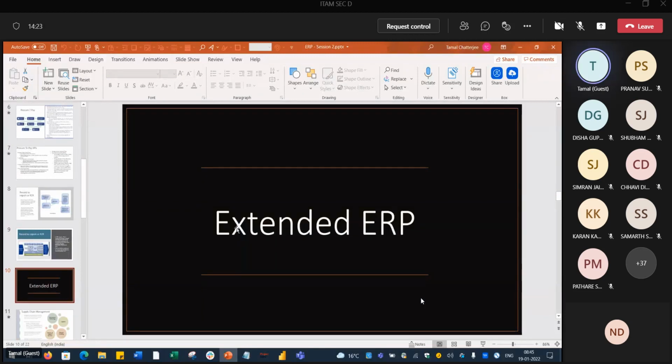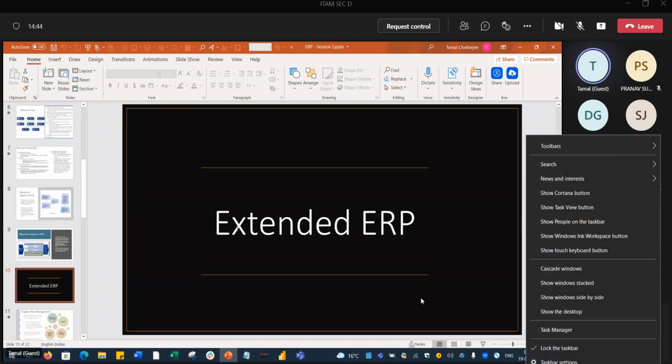Now we are moving towards the extension of the ERP system. These are not part of the core ERP system. If you get an agreement signed with SAP, they will not give you these extended things. Extension means supply chain and CRM.